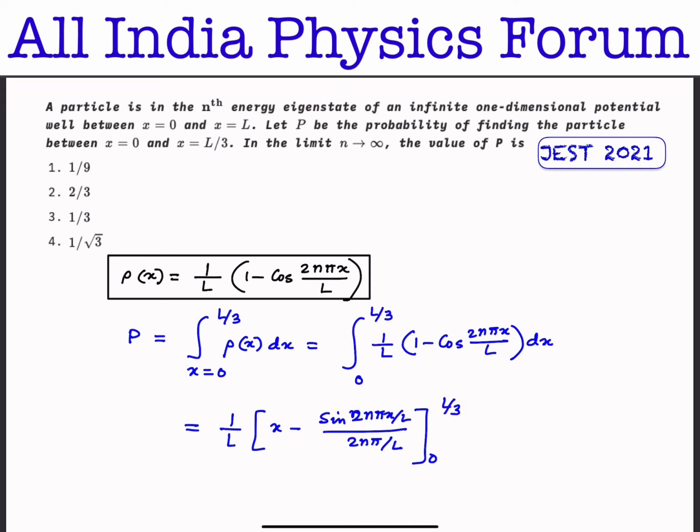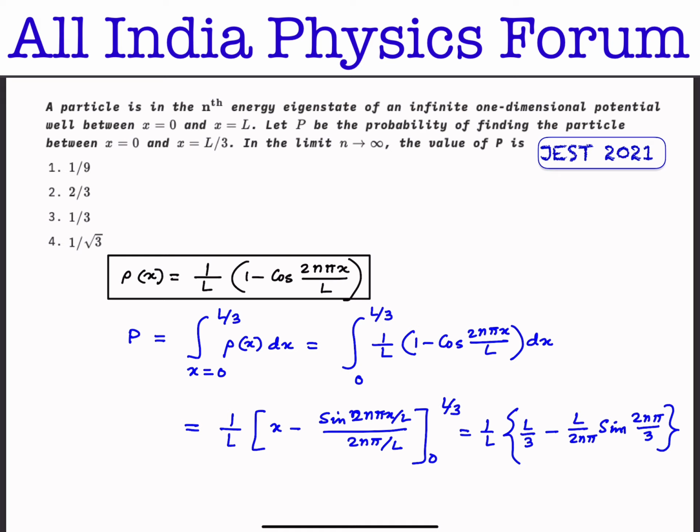If you put this in, you will simply get 1 by L times (L upon 3 minus 0), and this will be minus L by 2 n pi times sine, and putting L by 3 it will simply be sine(2 n pi upon 3). I am not going to calculate the sinusoidal part.